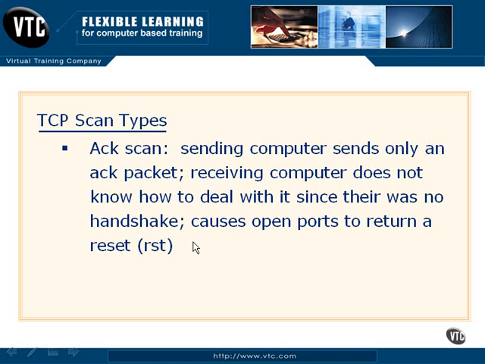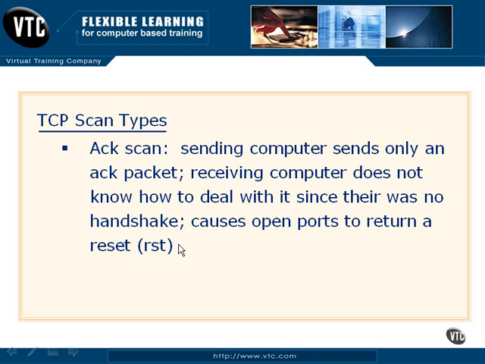So we're going to be looking for those reset packets to come back on open ports. And by doing that, we can identify what services are running on the remote system. And when we receive those resets back, that lets us know that that port or service is unfiltered between point A and point B, which is where a firewall would usually reside.